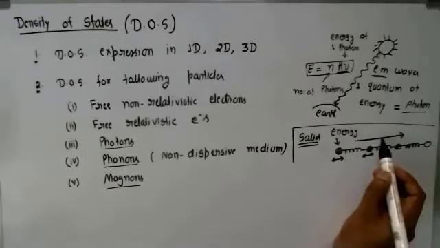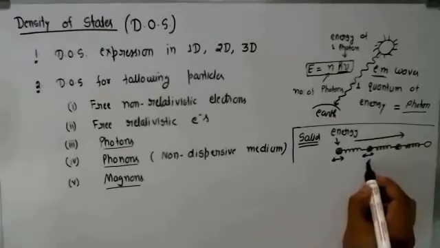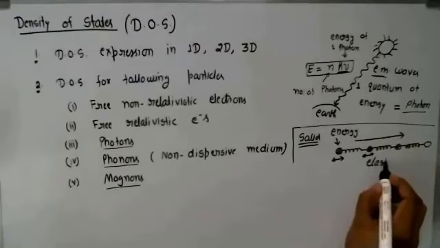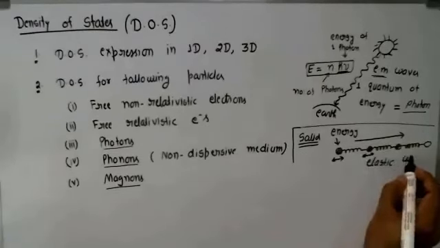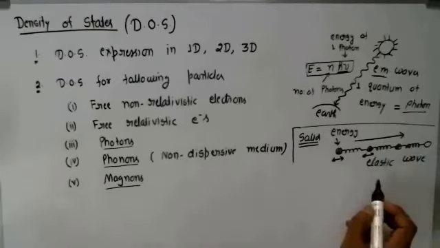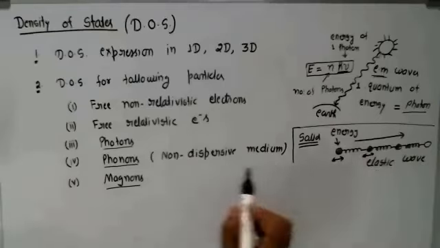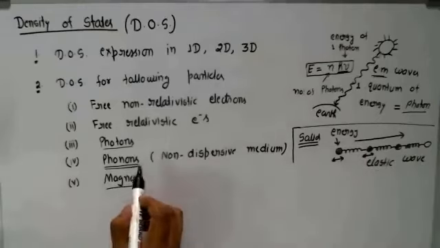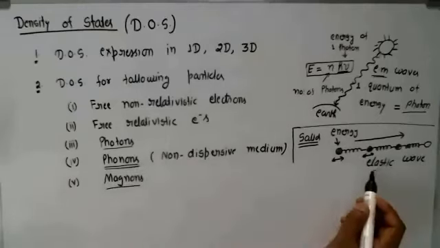So there is a wave produced here, and this wave is known as the elastic wave. The quanta of this energy are known as phonons. So a phonon is nothing but the quanta of the elastic wave.